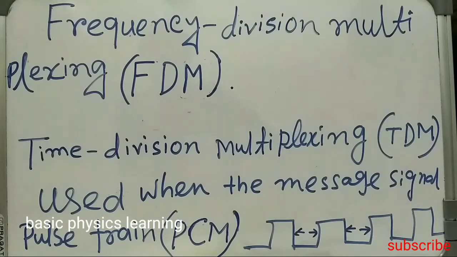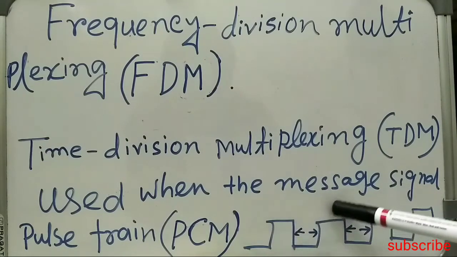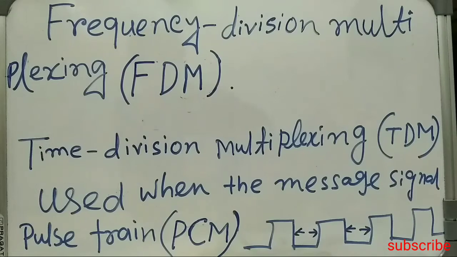Another method of multiplexing several signals is known as time division multiplexing, or TDM. This method is suitable when the signal is in the form of pulse trains, as we have seen, for example PCM.